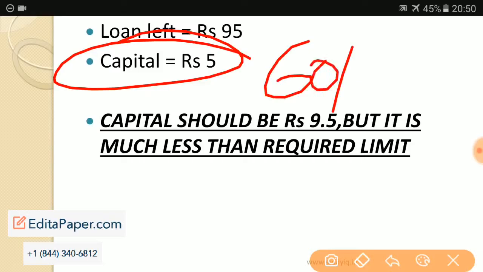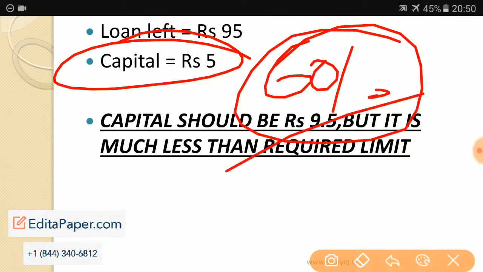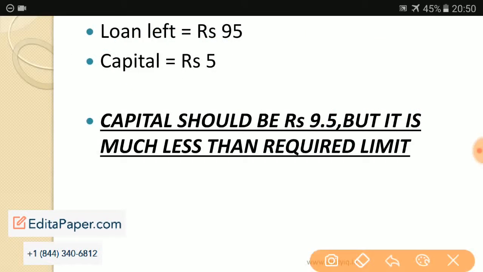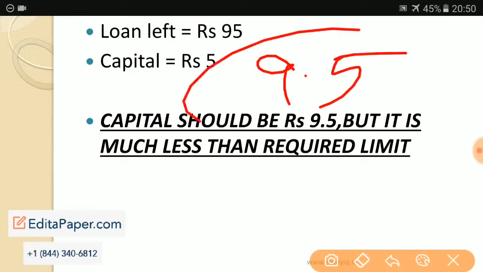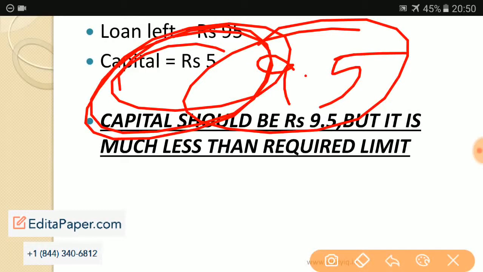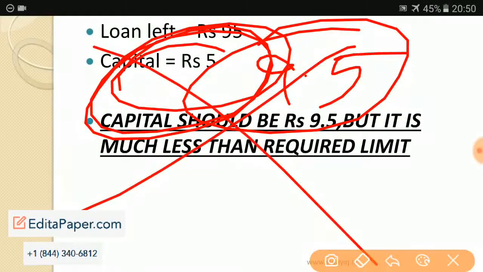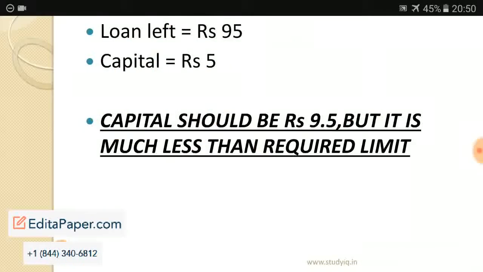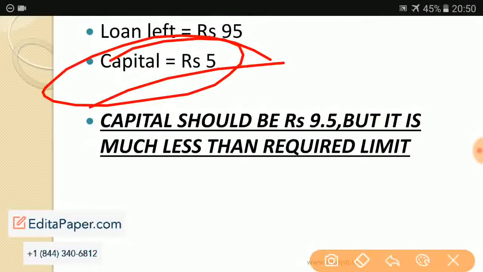So basically we need to maintain a capital base of 9.5 rupees, but we have only 5 rupees. So as a result, we are not currently meeting the Basel III norms. So this is the impact of the non-performing assets, that our capital base gets deteriorated and our capital erosion takes place. And also, the stability of the banking system is impacted.